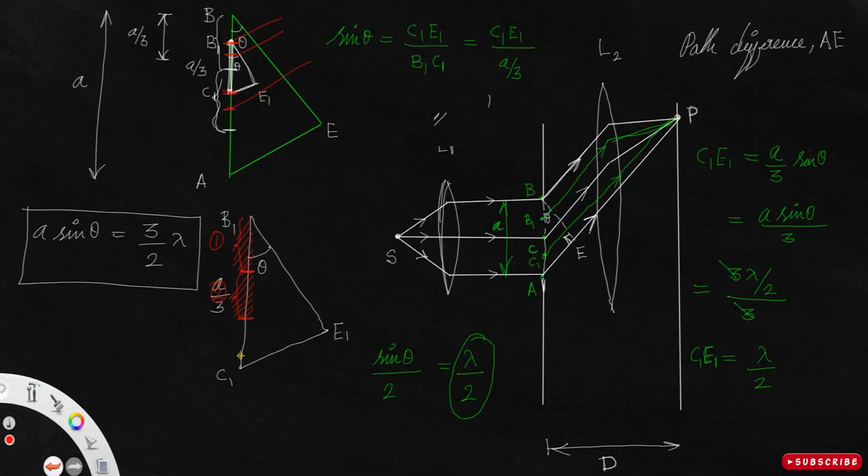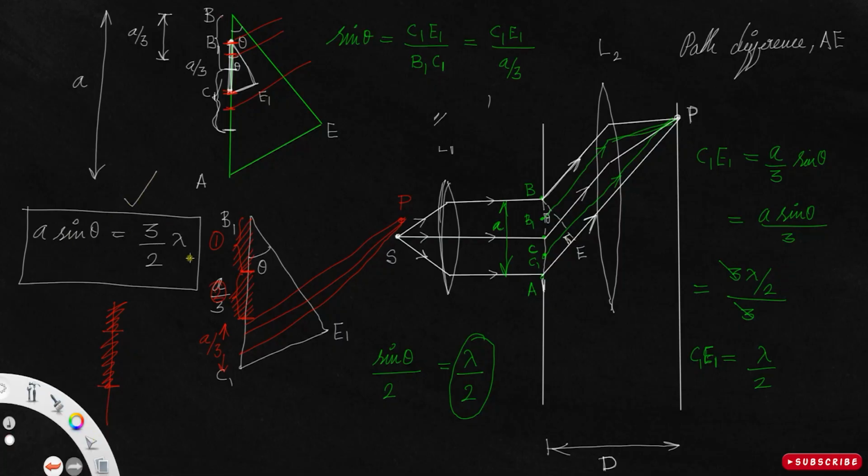And the remaining third, this is also A by 3, and there will be rays from the remaining third of the slit. See, actually we have 3 slits. This one is completely cancelled by this one, but this one still remains. So the rays from this third will move to the point P and produce a constructive interference at point P. So what's the condition for that to happen?